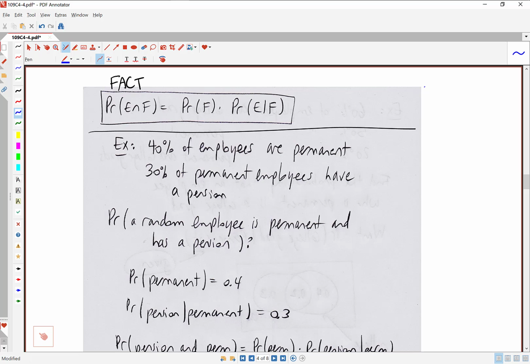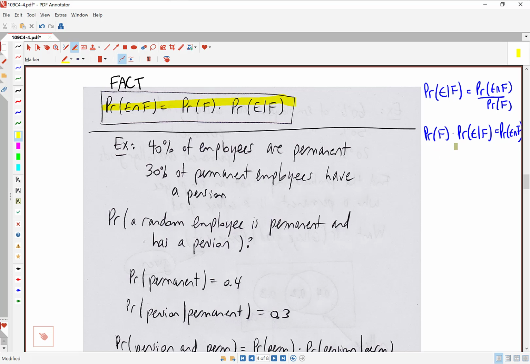We'd start off with the fact that probability of E given F is probability of the intersection divided by probability of F. Basically, you can multiply both sides by probability of F. Then you'd have probability of F times the conditional probability is equal to probability of the intersection. And the formula we've got over here just has this written the other way around.